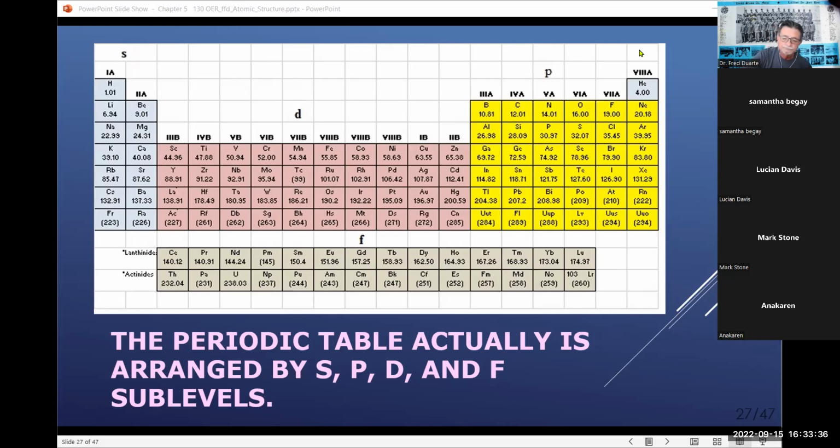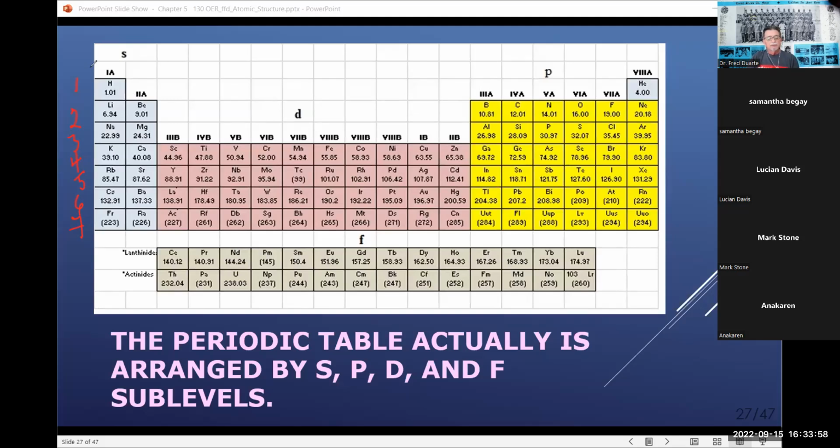Now, the takeaway here is the blue in the far left. Think of those as the S elements. Okay? And so we have the energy levels 1, 2, 3, 4, 5, 6, and 7. Okay.